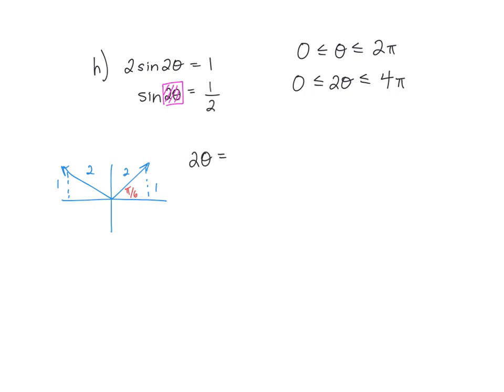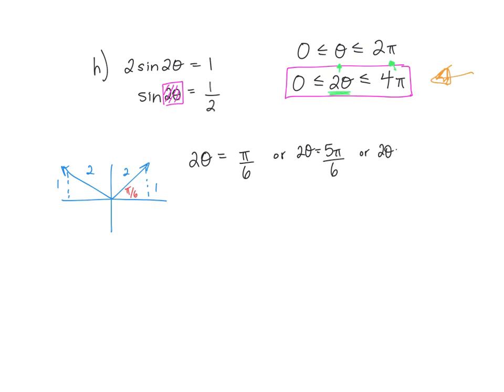So let's start with dealing with this domain here. So I have pi by 6. 2 theta can equal pi by 6, or 2 theta can equal 5 pi by 6.